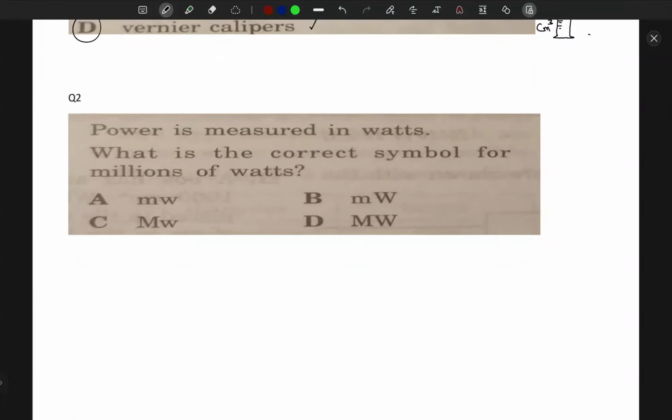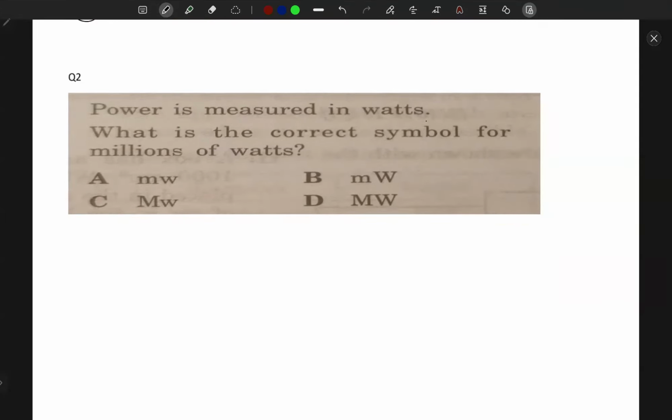It says that power is measured in watts. Okay, so he's just telling you the units for power. What is the correct symbol for millions of watts? So this is really a play of those prefixes. What do you think would be the answer to this question?